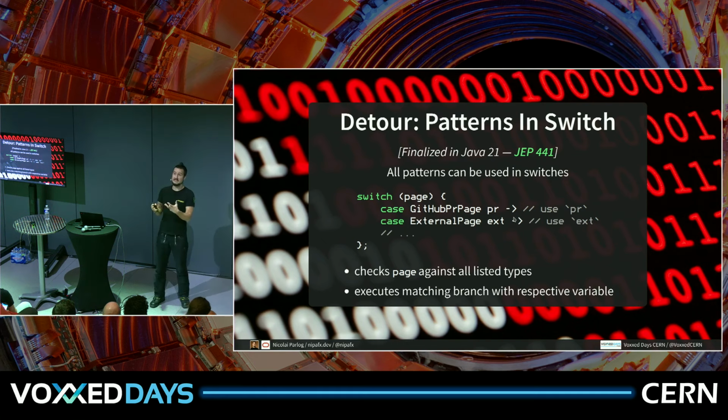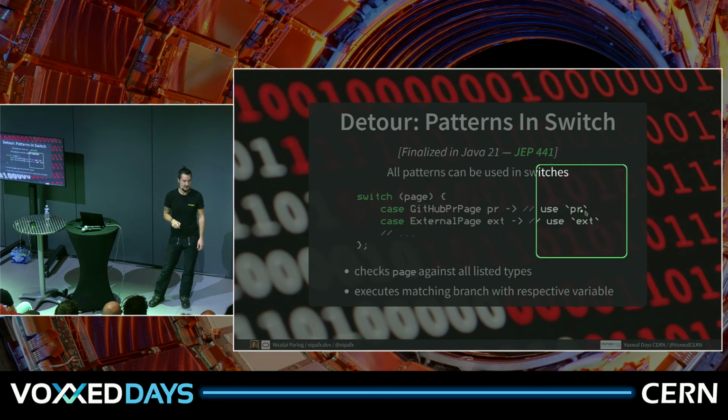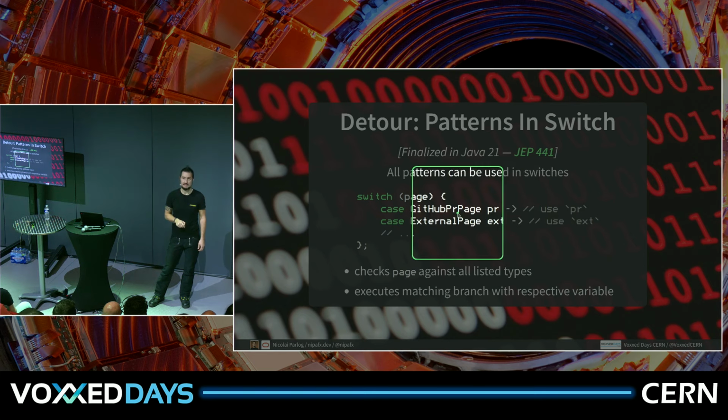The cool thing is Java 21, and that's the big reason why I would say that Java 21 brought all the basic building blocks of pattern matching together. Only in Java 21 is it a finalized feature to use patterns in switch. So here I'm switching over this page, which is of type page, and then I'm saying in case it's a GitHub pull request page, do something, and it gives me a variable PR of that type.